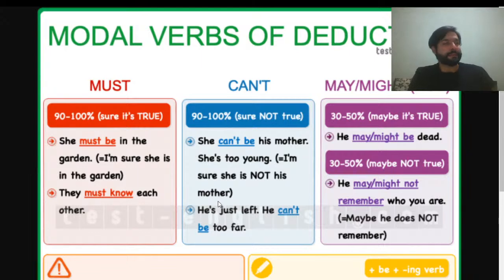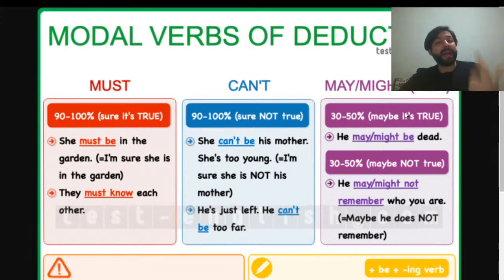For example, the boy is 10 years old and the mother is 25 years old. It's possible, but improbable. So these are the things you are deducing from the situation you have. And so must, very strong, can't, very strong, but in opposite directions.